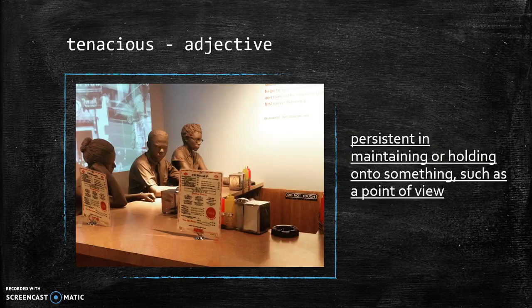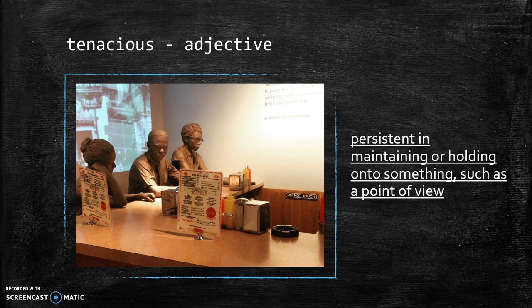Now we have tenacious, which is an adjective, persistent in maintaining or holding on to something, such as a point of view. Now you'll notice here I have a picture of some statues. These statues are actually in the Civil Rights Museum that you can visit in Memphis next time you're there. I went this past summer, Dr. Phillipson and I went to visit it, and it was really interesting.